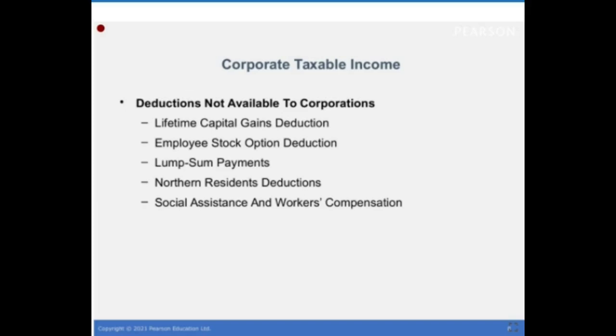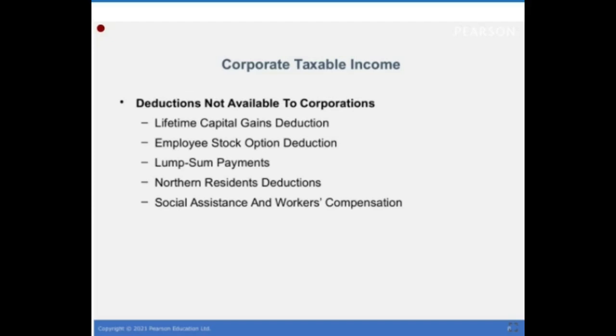So you might recognize this little list of items. These are probably somewhat familiar as our little Division C deductions that we talked about back in Chapter 11, many of these. Lifetime capital gains deduction.